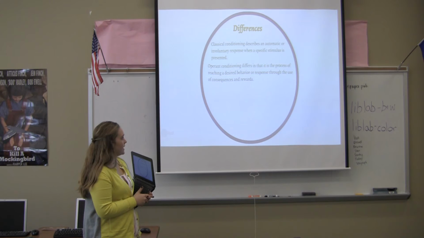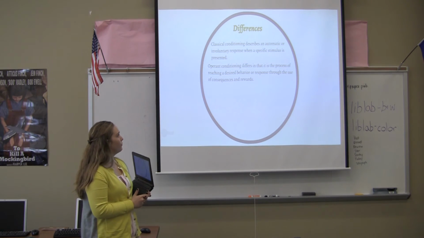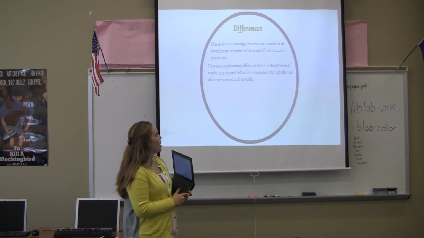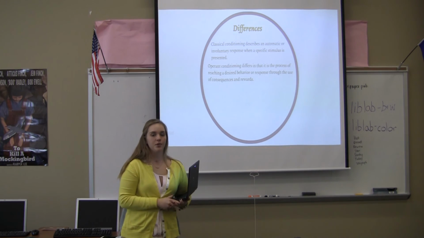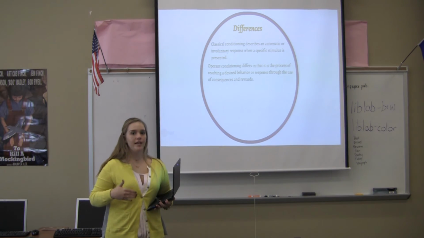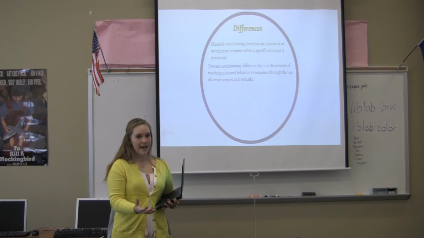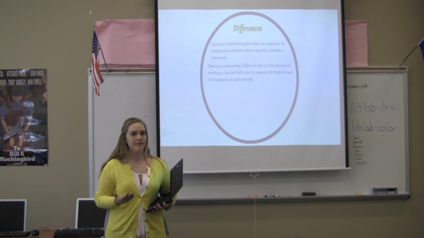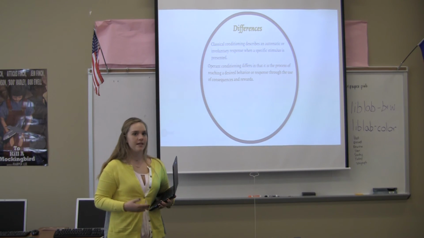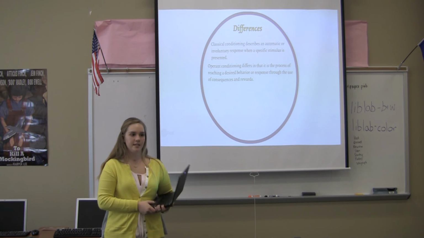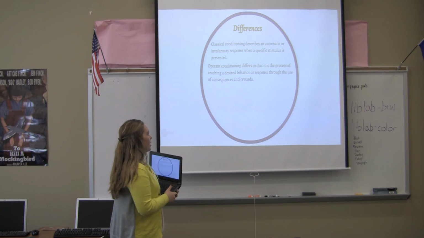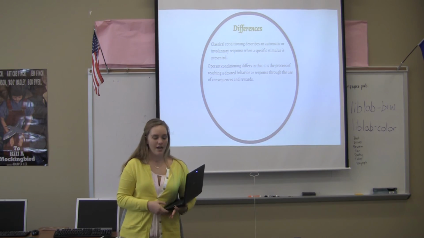Operant conditioning differs, and that is the process of reaching a desired behavior or response through the use of consequences and rewards. So it's different because instead of already creating the action and then figuring out what happens after, you have learned what happens and you will act based on the consequences and rewards that follow the action.